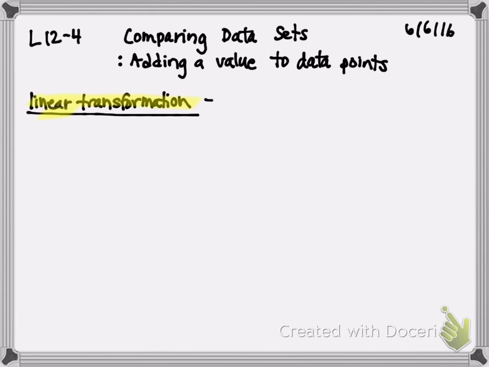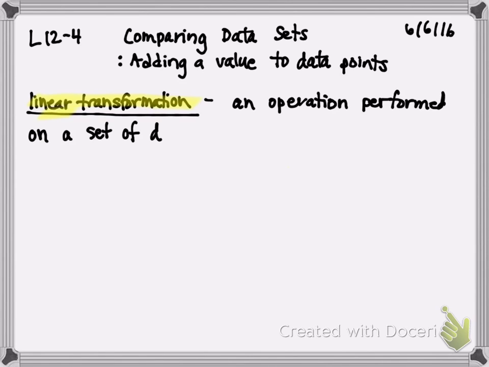Okay, so linear transformation is an operation performed on a set of data that can be written as a linear function.